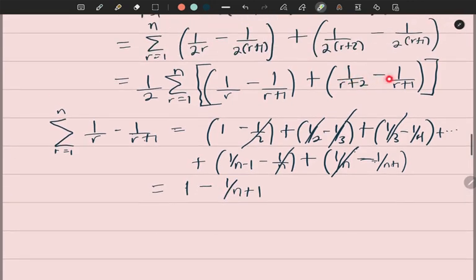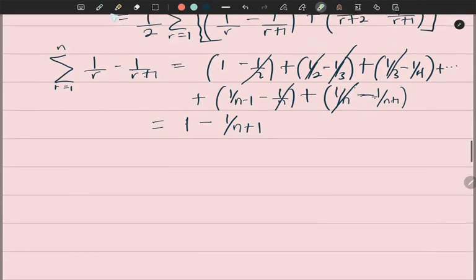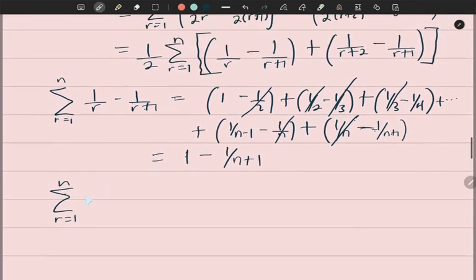Okay, so let's consider the second term we have in this bracket now, which is sigma r equals 1 to n of 1 over r plus 2 minus 1 over r plus 1.